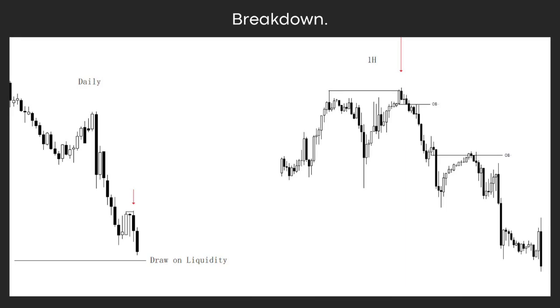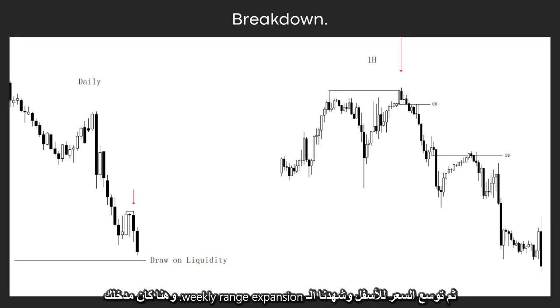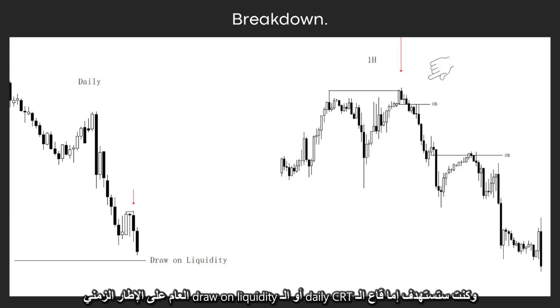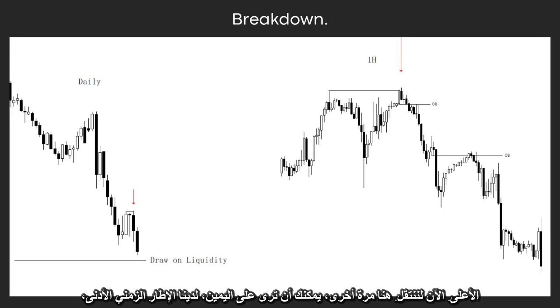Then we tested that order block, and price expanded lower and had the weekly range expansion. Here your entry would have been at the order block low, stop loss above the swing high or the order block's high, and you would have either targeted the daily CRT low or the overall drawn liquidity on the higher time frame.